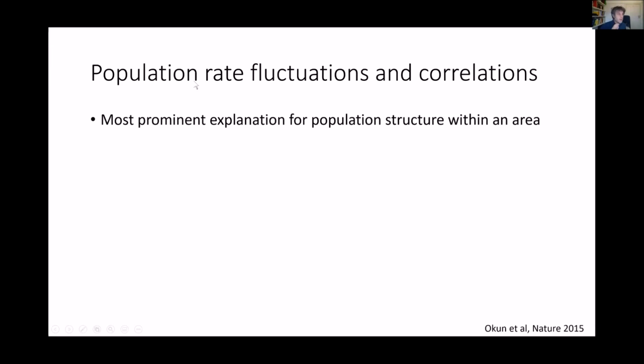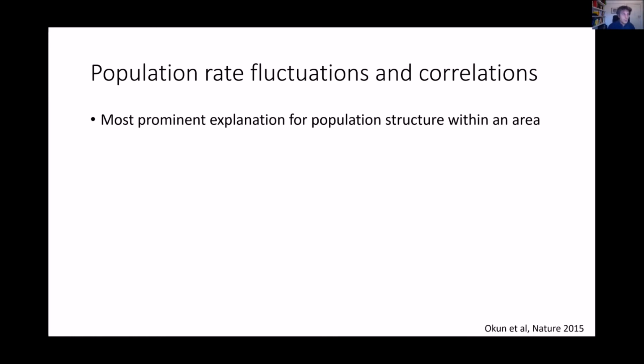the main thing you can do with population recordings that you can't do with single cell recordings is to understand these variations in population rate. And whether you want to or not, when you have these population recordings, this is the first thing you have to look at because it's the dominant source of correlations, these fluctuations in population rate.